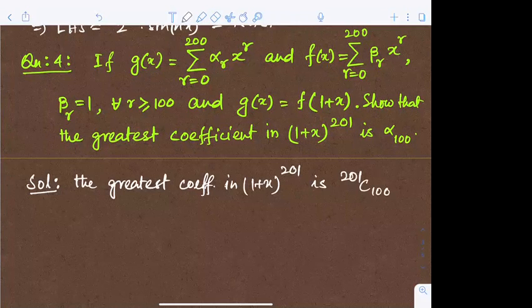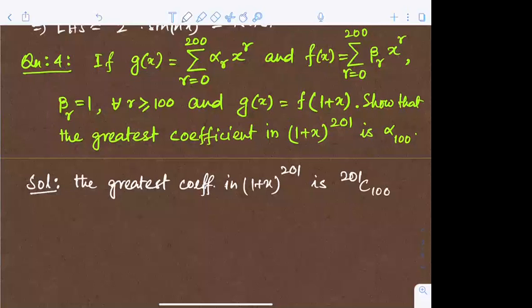This is the greatest coefficient, but I have to show that the greatest coefficient is alpha 100, so I have to show alpha 100 equal to that. Now let us go to the first part of the question. It is given that gx is equal to f of 1 plus x.